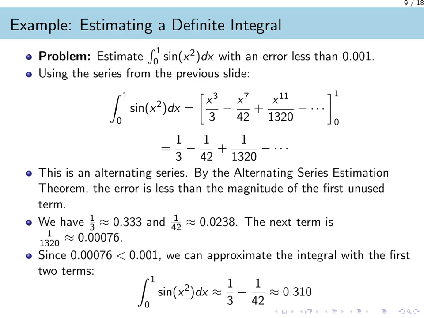The third term, 1 divided by 1320, is approximately 0.00076. Since this value is less than our required error of 0.001, it is the first term we can leave out. This means we only need the first two terms for our approximation. The integral is approximately 1/3 minus 1 over 42, which equals about 0.310.